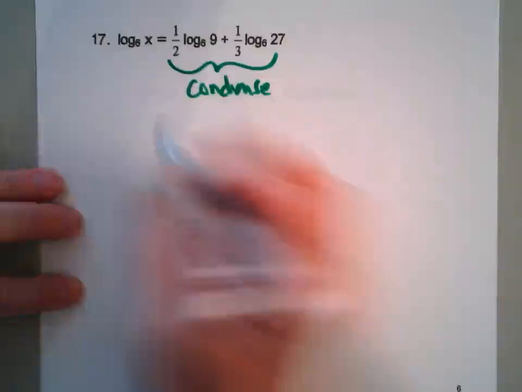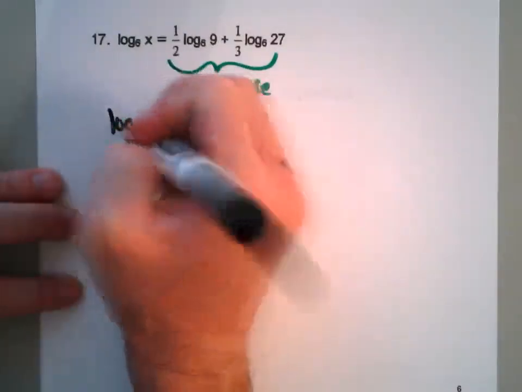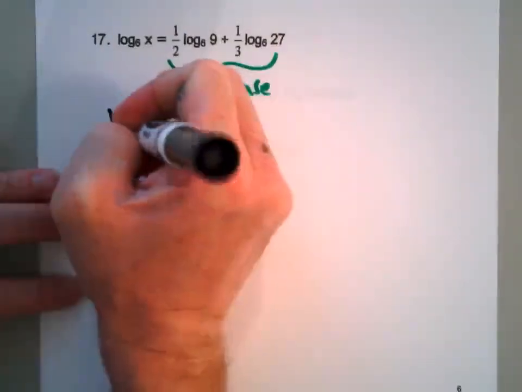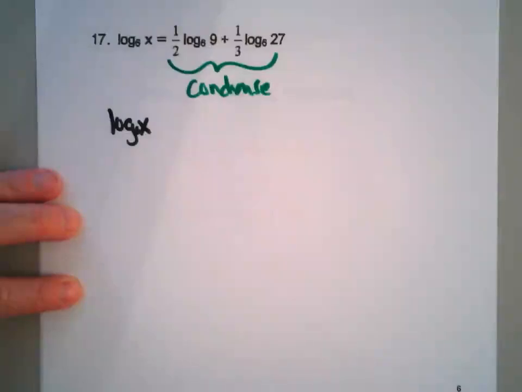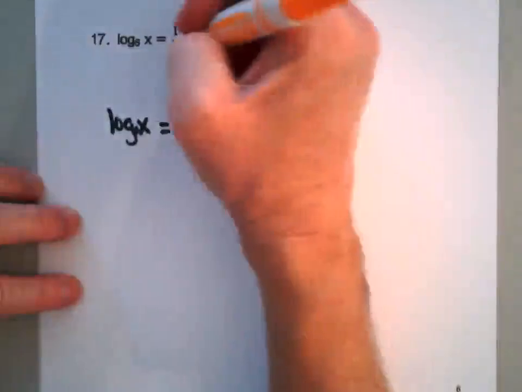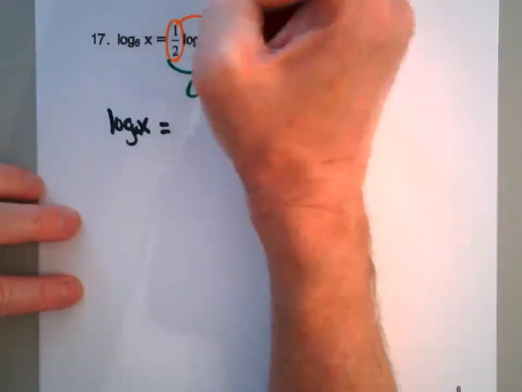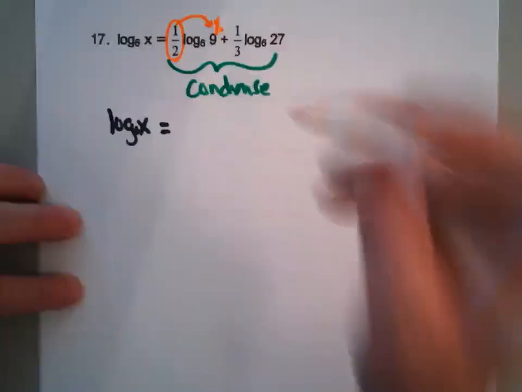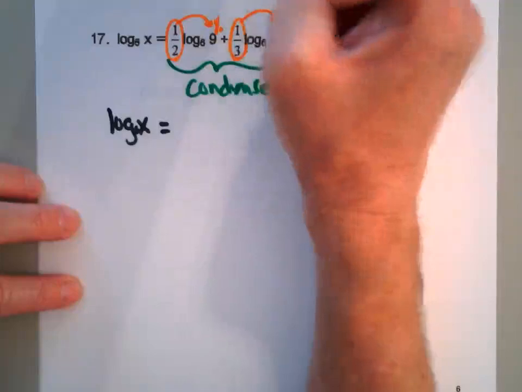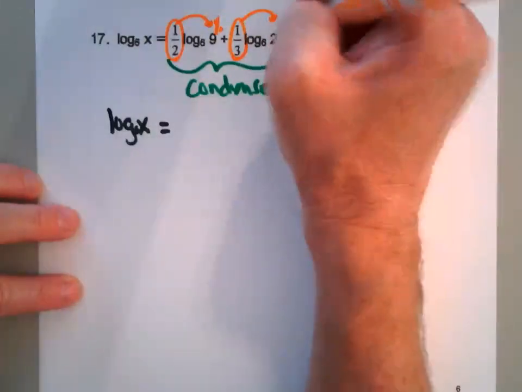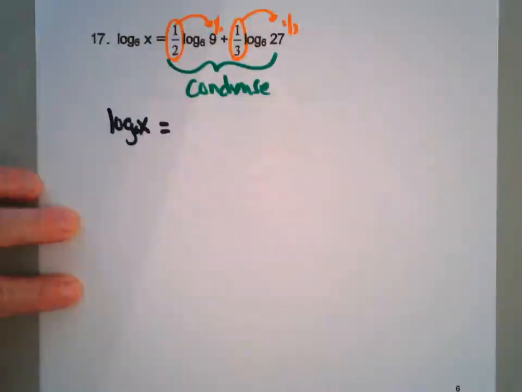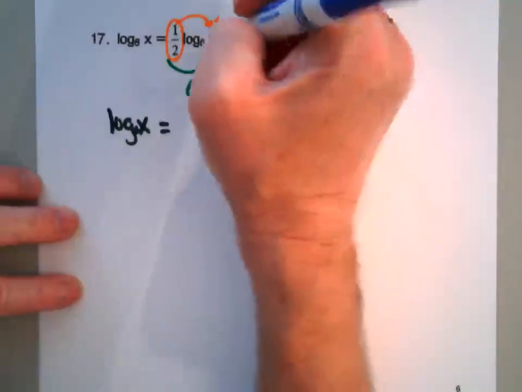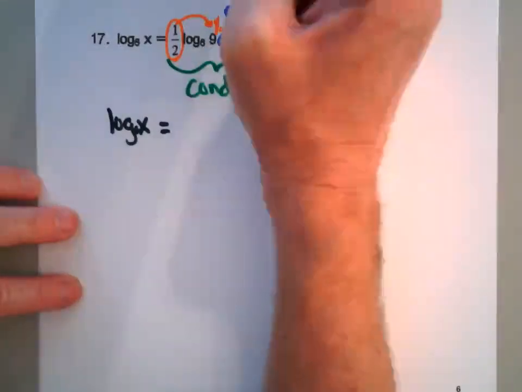Based on the previous problem, this one is a lot simpler. Oop, forgot the 6 in there. Log base 6 just going to come down, equals, okay, the half becomes exponent of 9. 1/3 becomes the exponent of 27. The plus sign means to multiply.